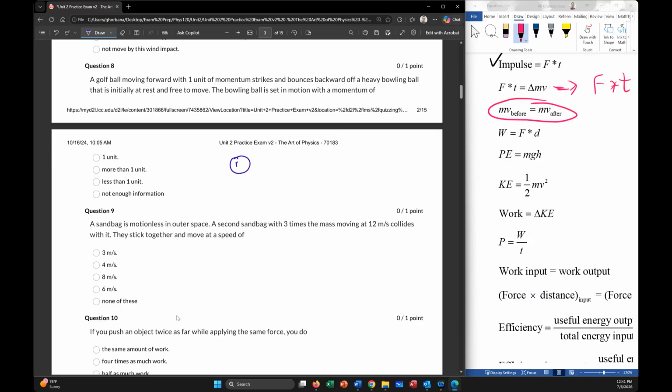This ball does have a mass m, I don't know what the mass is. The momentum is 1 unit, and it is moving forward. It strikes and bounces backward off the heavy ball, which is stationary. Let's say this is a capital M ball. When it is stationary, the momentum is zero. Good. This is before the collision.